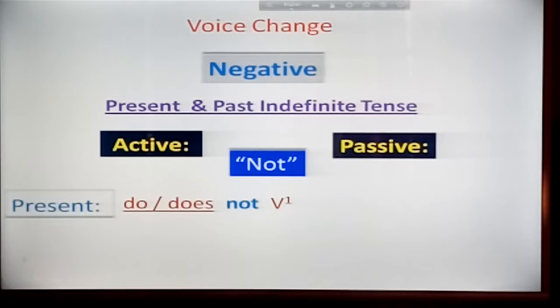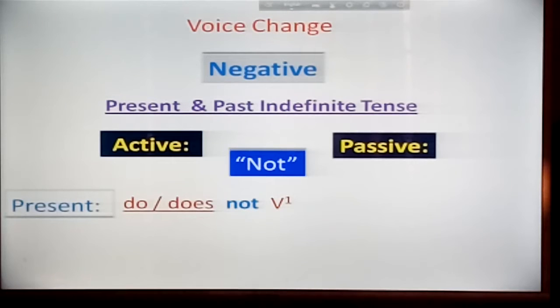Dear students, remember which auxiliary you use, that doesn't matter. You may use do or you may use does, but whatever auxiliary you use, the main verb must be in its basic form. Okay, now if we change this negative verb phrase from active to passive, we cannot use either of these auxiliaries, do or does, in the passive voice.